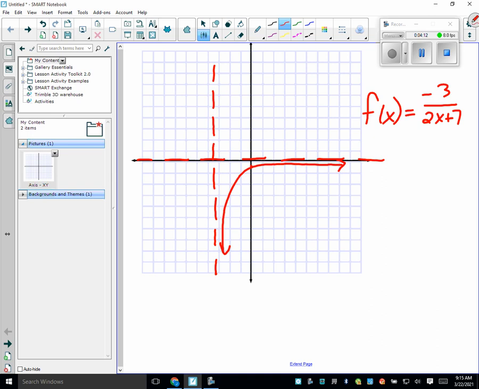What about when x is -6? 3/5. Positive or negative? Positive. So the graph is up here.